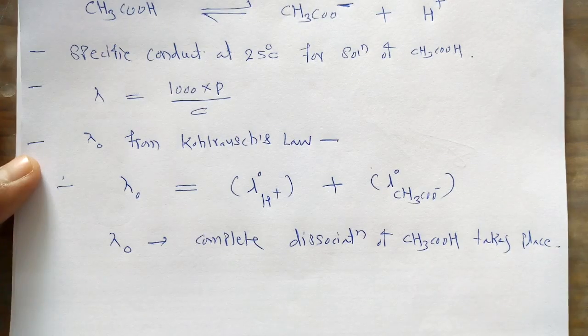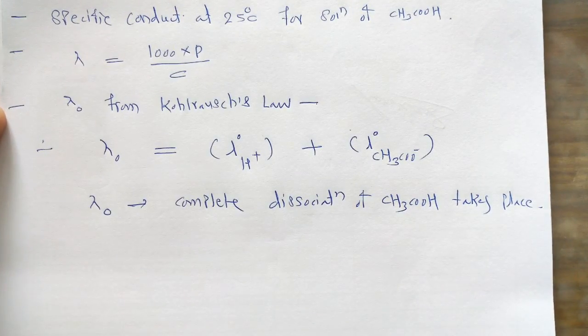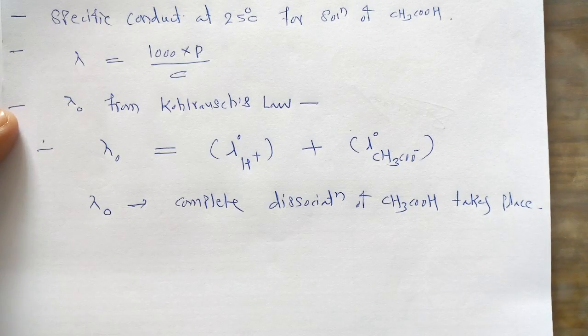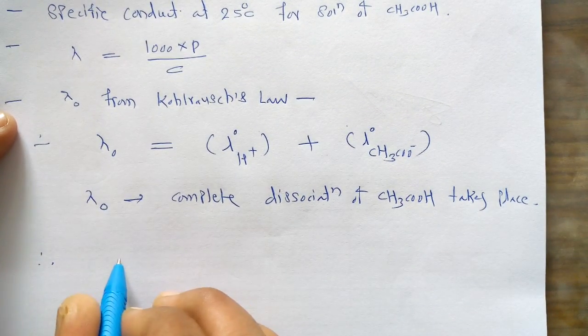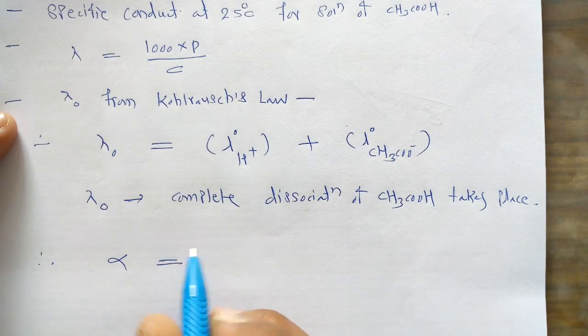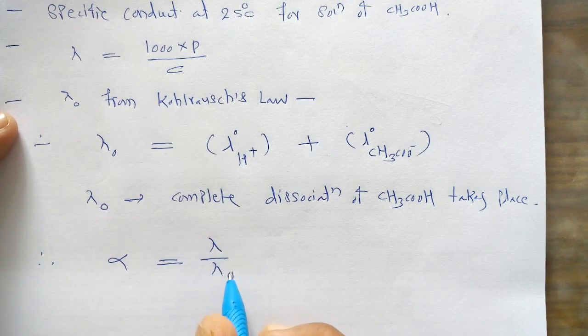So that's why we call it the equivalent conductance at infinite dilution. Now once we calculate this, we may calculate alpha, which is equal to the ratio of lambda to lambda 0.